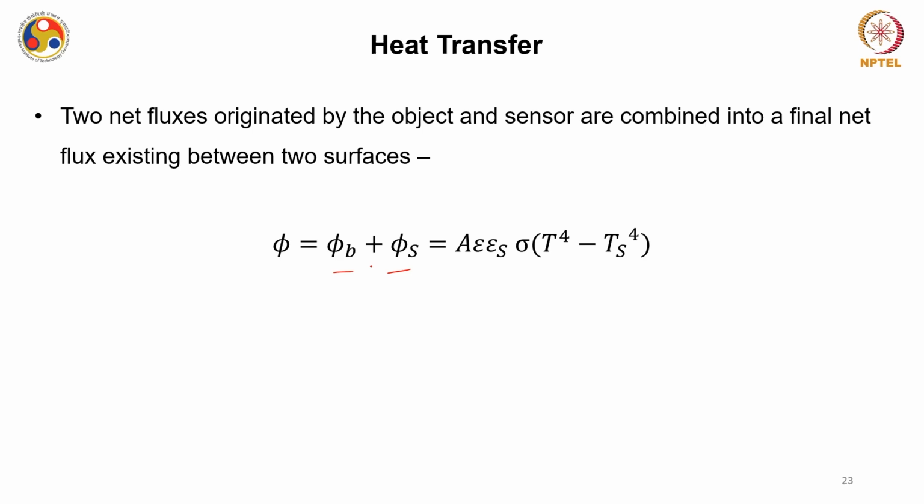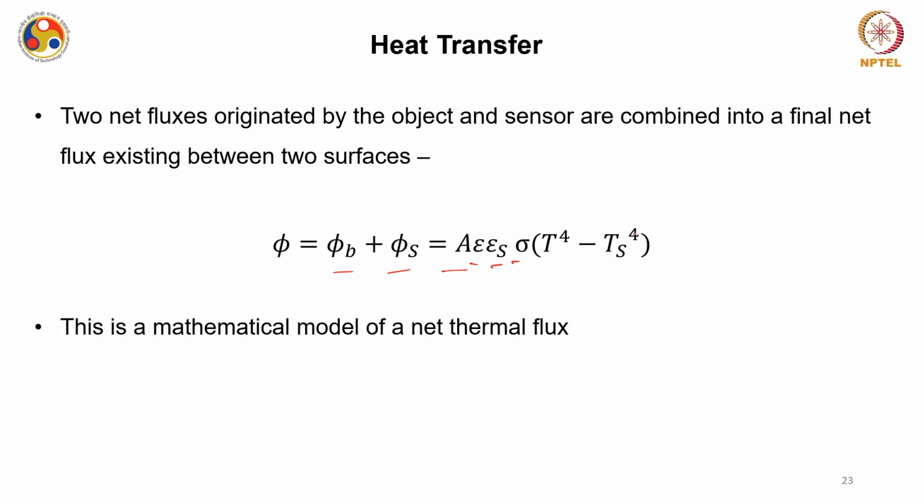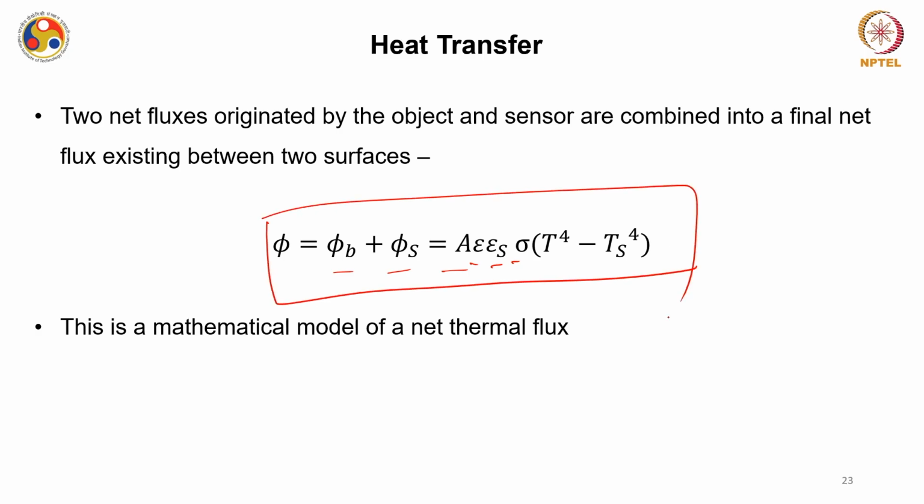So phi is equal to phi b plus phi s. Since I have already taken the sign into consideration, this will be equal to A epsilon epsilon S sigma into T to the power 4 minus Ts to the power 4, and this is the mathematical model for the net thermal flux between an object and a thermal sensor.